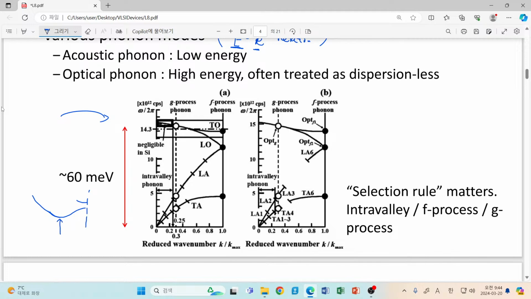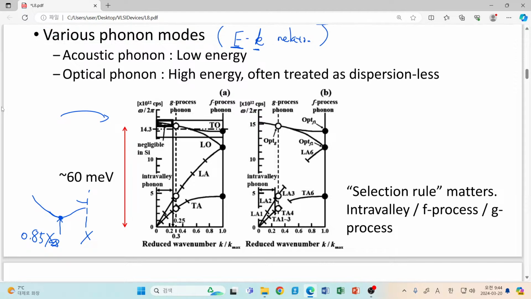That was your X point, and this is called the delta line, and this corresponds to 0.85 X. Here you have the minimum of your conduction band. After that, you have quite complicated behavior. I have just drawn the magnified view of our band structure nearby the minimum point.